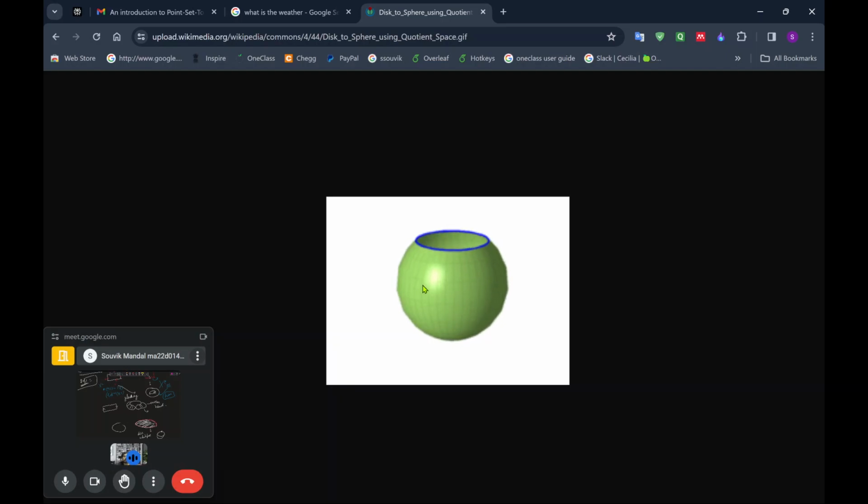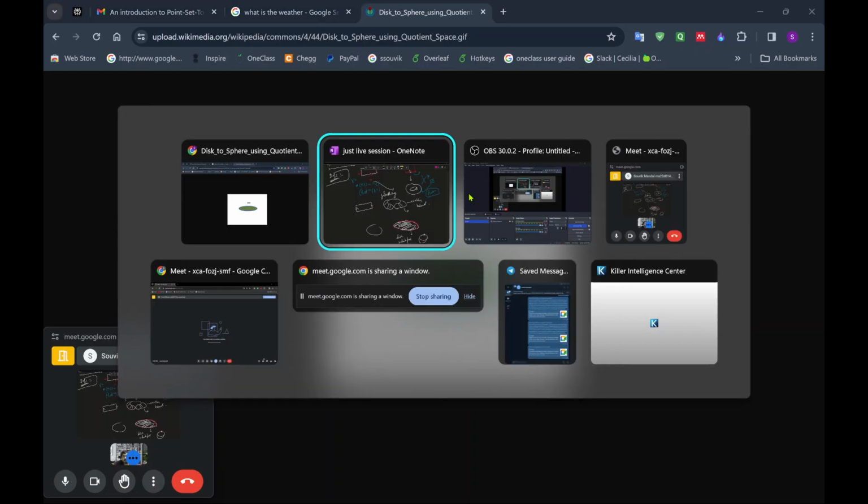Of course, then it will be a full sphere, right? So that's the intuition. But proving it mathematically is not an easy task. Okay, so let's get back to the original discussion.